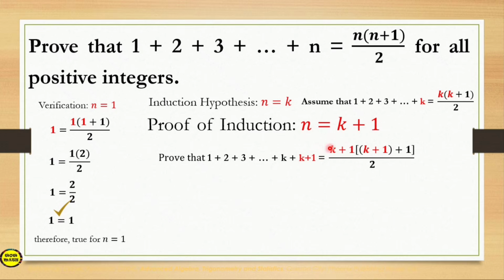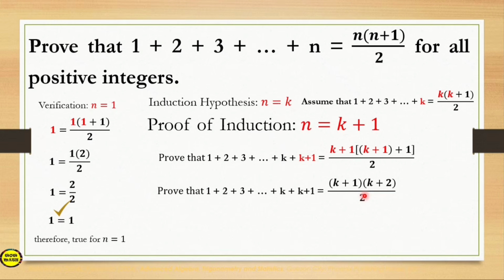And then, dito sa right side ng equation natin, lahat ng n, papalitan natin ng k plus 1. So, k plus 1 times k plus 1 all over 2. Para maging maayos, i-simplify natin ito. Magiging k plus 1 times k plus 1 plus 1, that is k plus 2 all over 2.